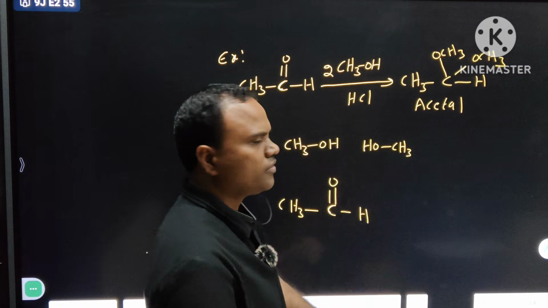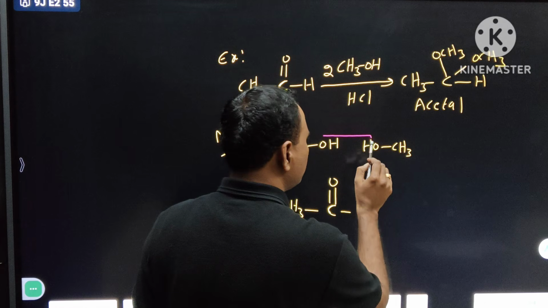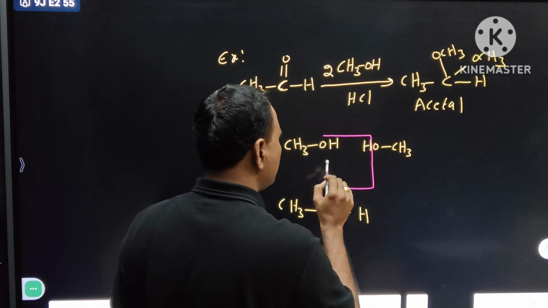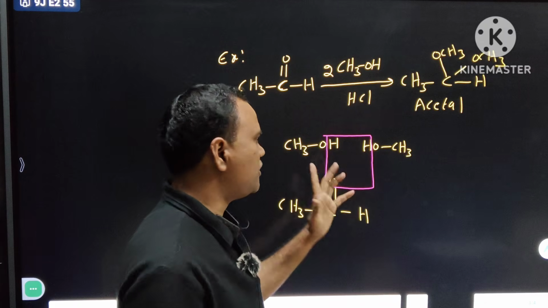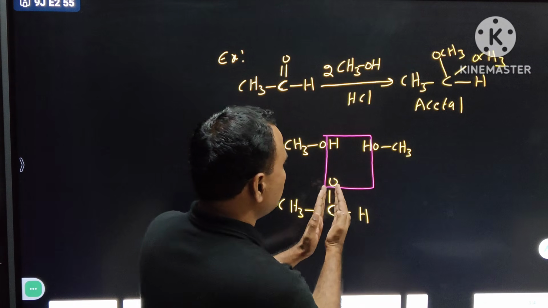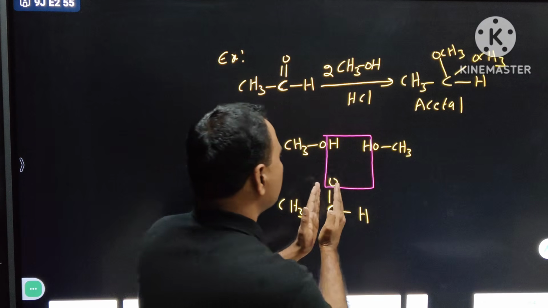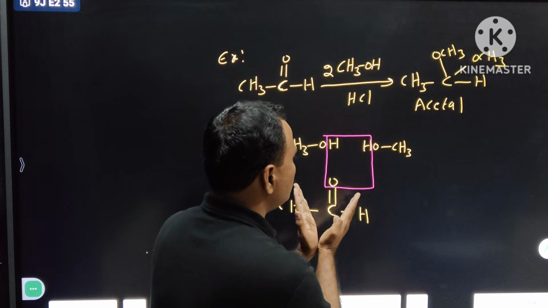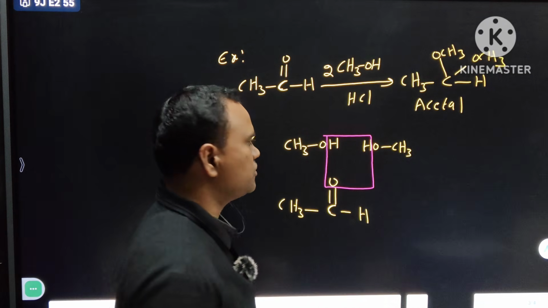Now look at this, what I am doing. Here one hydrogen is there now, 2 hydrogens and 1 oxygen. I am removing hydrogen and oxygen. Water is eliminating, and this double bond will split and attach to the oxygen atoms. Very easy.